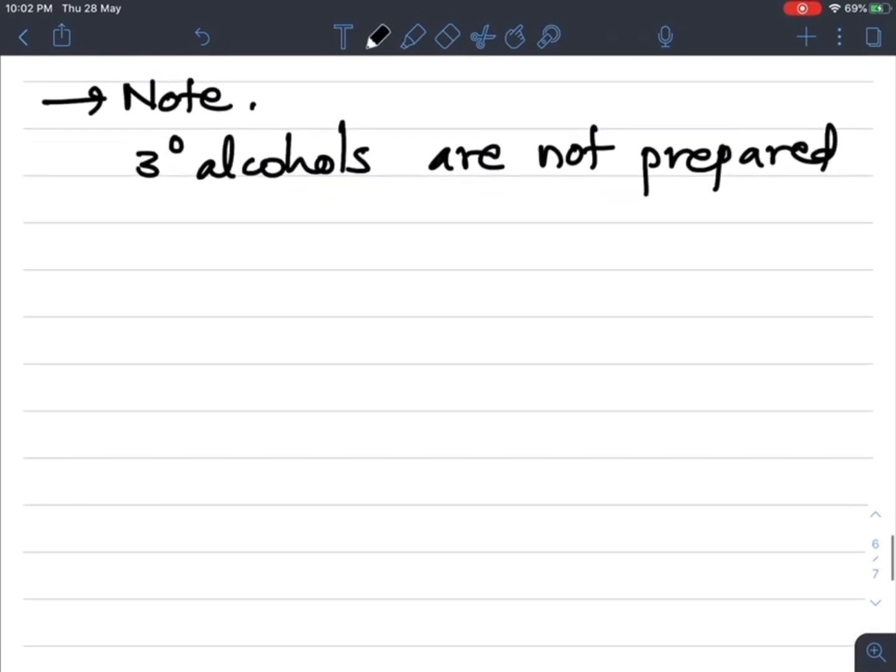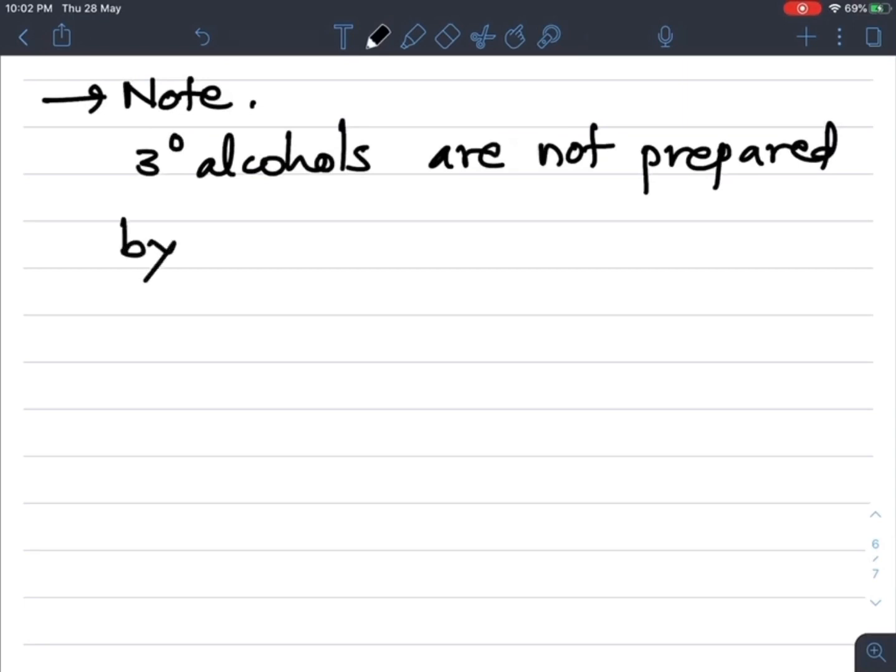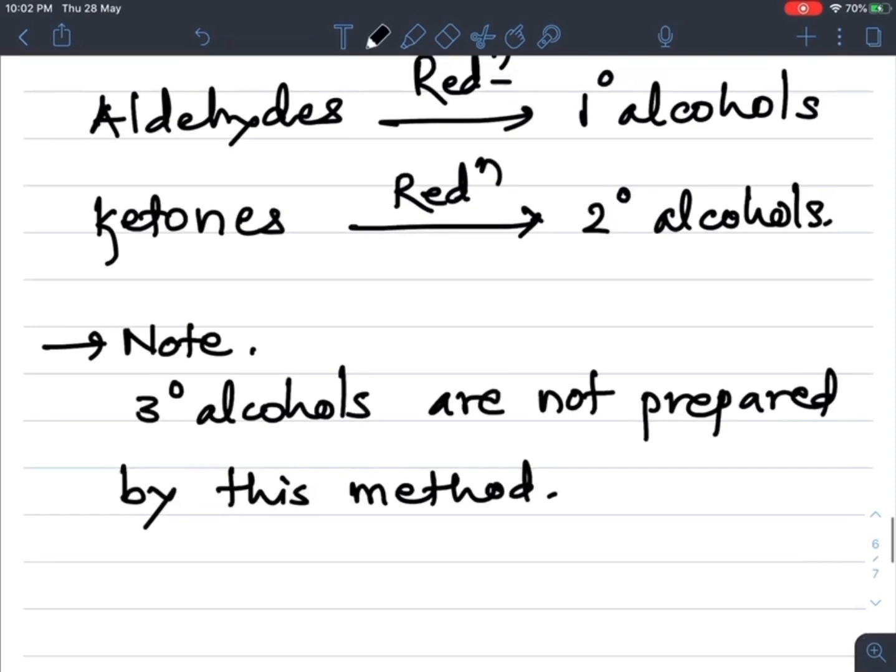Tertiary alcohols are not prepared by this method. So this is the limitation of this method. Only primary and secondary alcohols are prepared by this method. Aldehydes are converted into their corresponding primary alcohols, and ketones are converted into corresponding secondary alcohols.